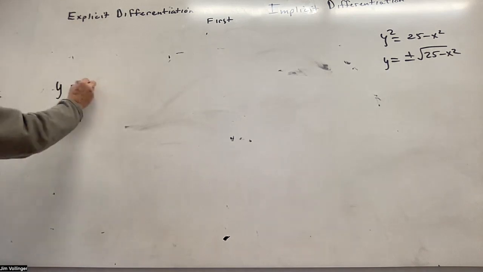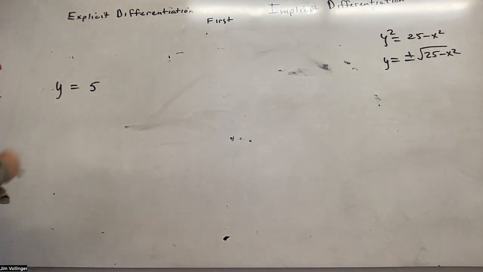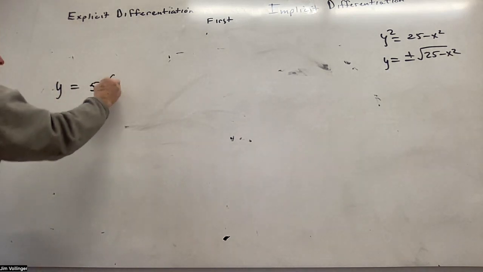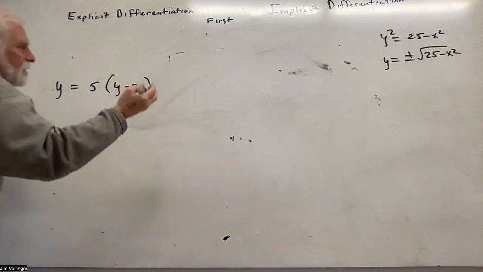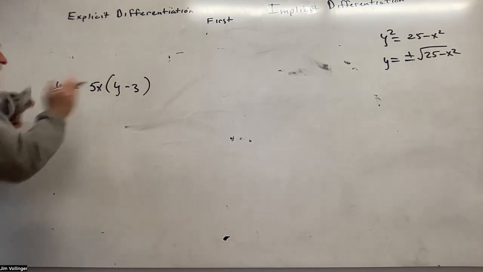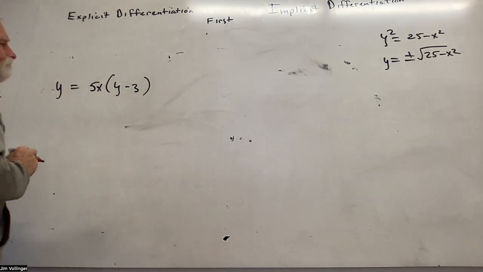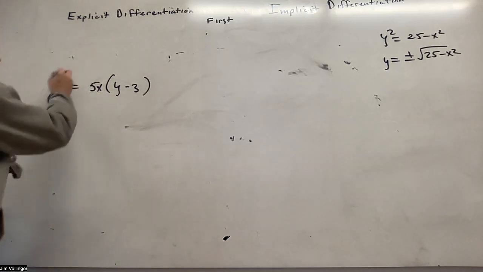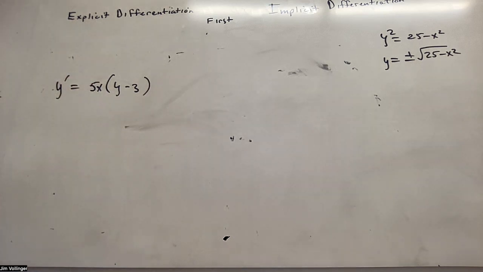But let's look at y equals 5, y minus 3, and let's make it 5x. So we've got this, and this is the derivative, and it equals that.